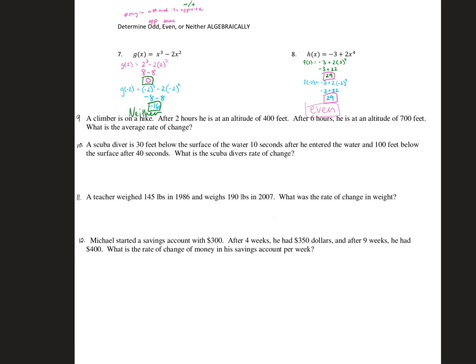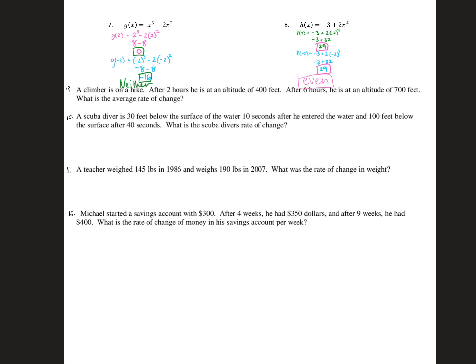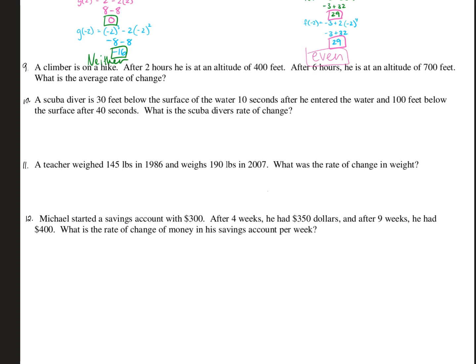All right, next, let's do a word problem. So we're going to do 11 and 12. So 11 says a teacher weighed 145 pounds in 1986 and weighed 190 pounds in 2007. What's the rate of change in weight?